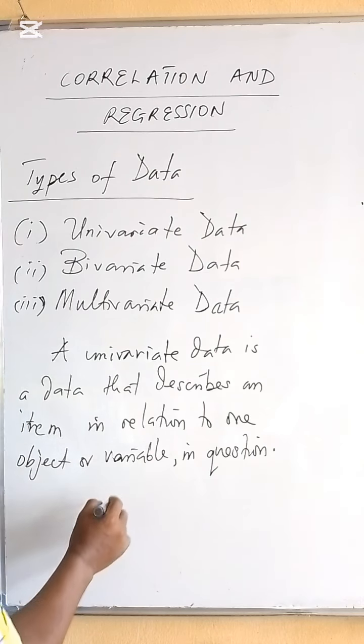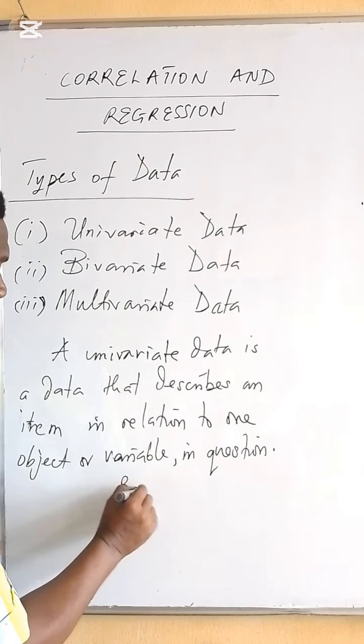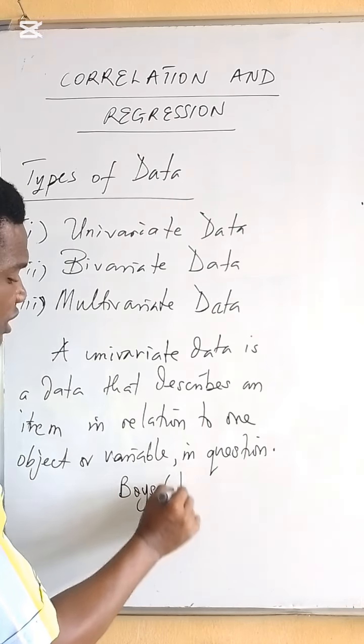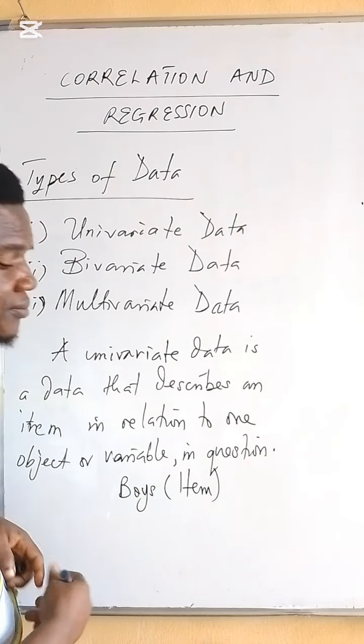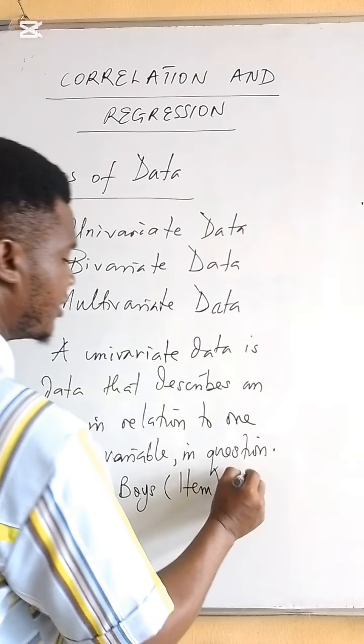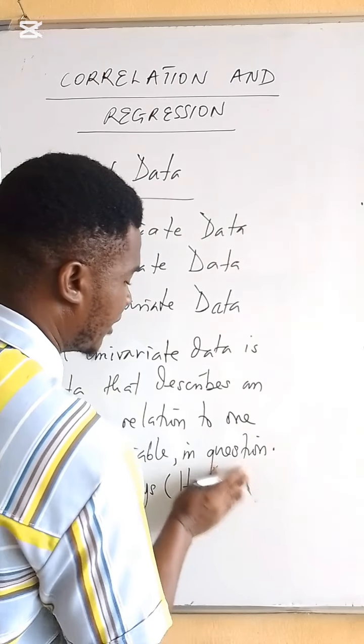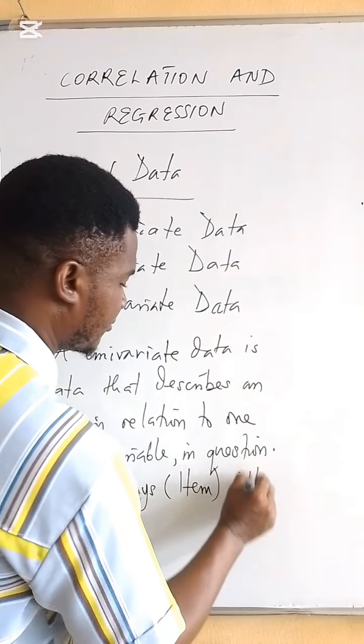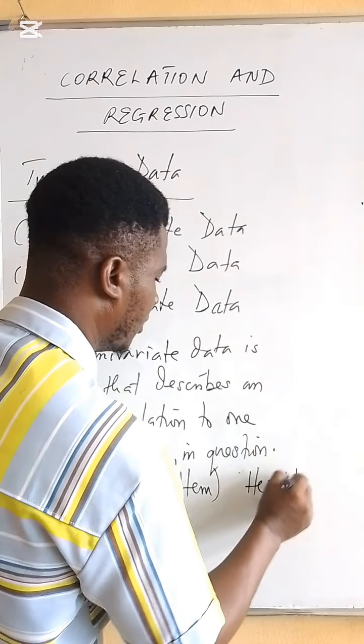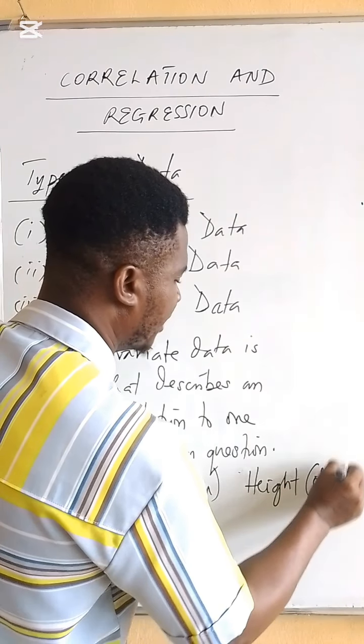So, let's assume that there are boys, which I will describe as my item, and there is a variable, height, which I will describe as my object.